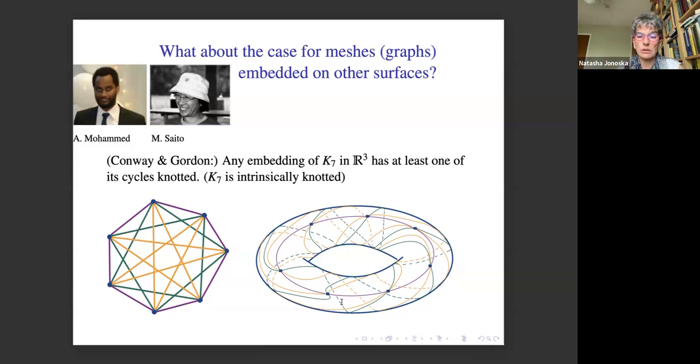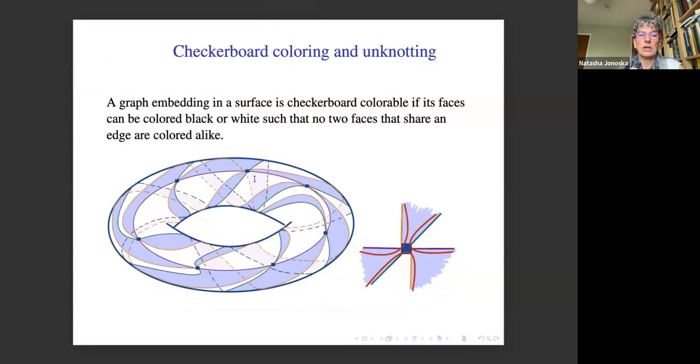Once I do a cellular embedding of the K7, I can actually do a checkerboard coloring. And when I have a checkerboard coloring, we have an A-trail traversing of the graph. And an A-trail traversing of the graph always provides a nice Eulerian circuit.